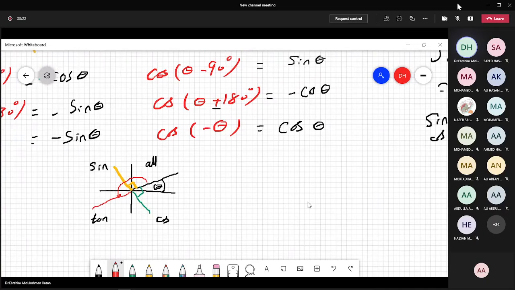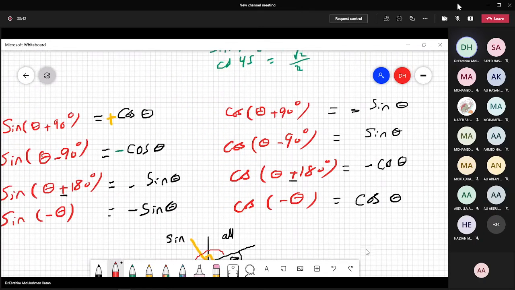Okay, plus 180 minus 180 will be here, third coordinate, and cosine is always negative here, so then it is minus cosine. And cosine minus theta will be here, and this is fourth coordinate, so cosine is positive, so then this is positive. واضح? Any question here?